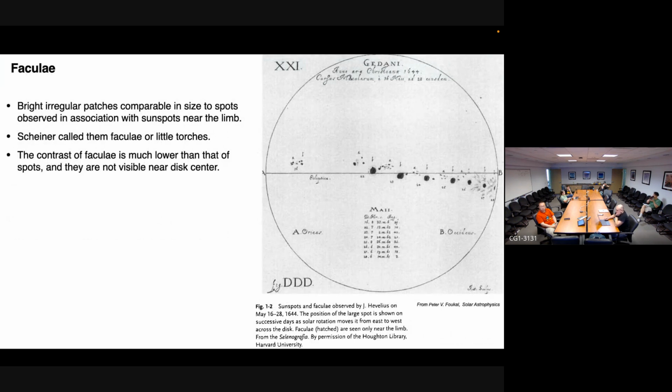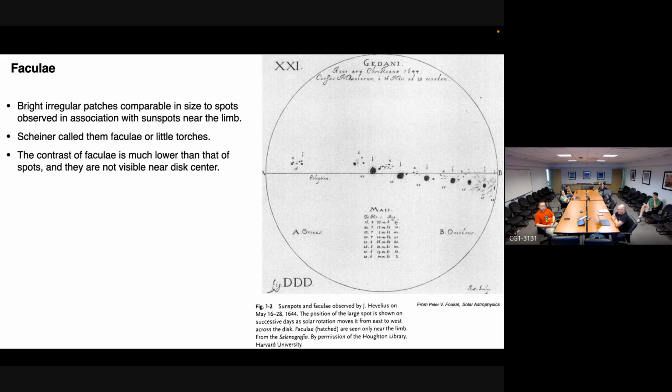When I was preparing this presentation, I was curious about the history of observations of faculae, and I was surprised to find out that observations of faculae are almost as old as observations of sunspots with solar telescopes.